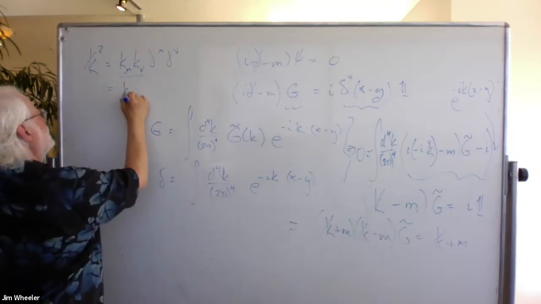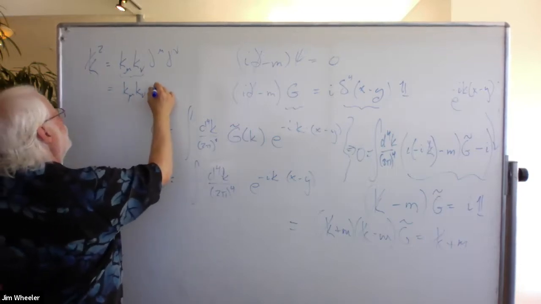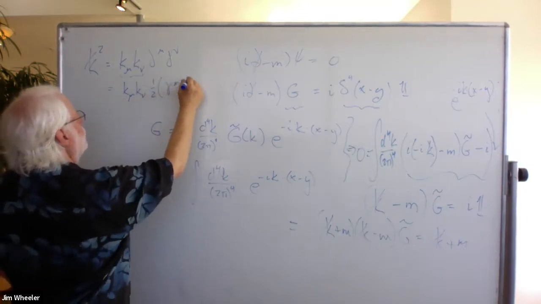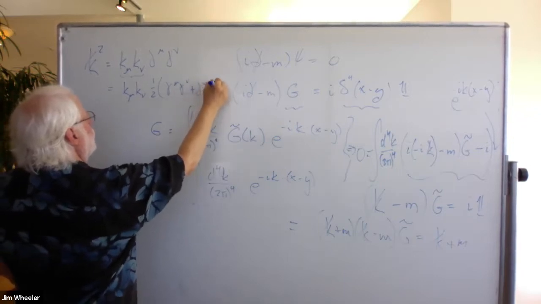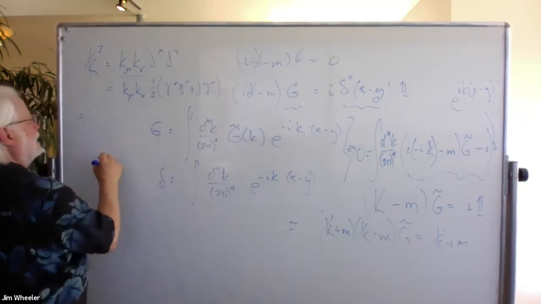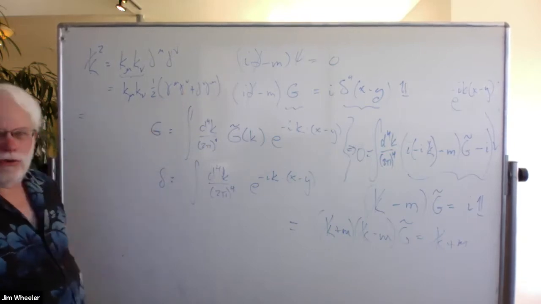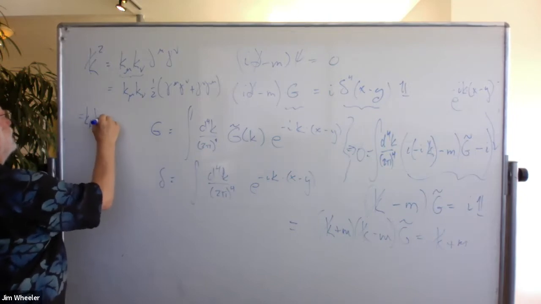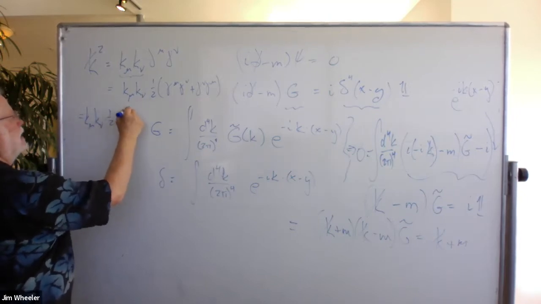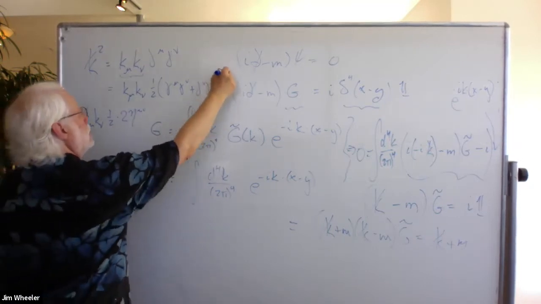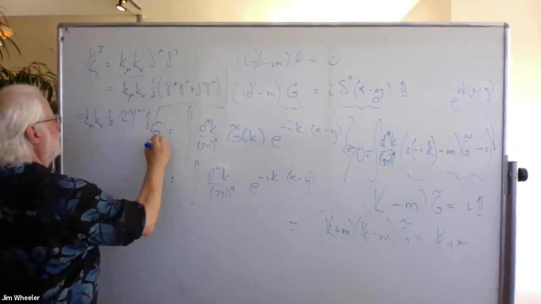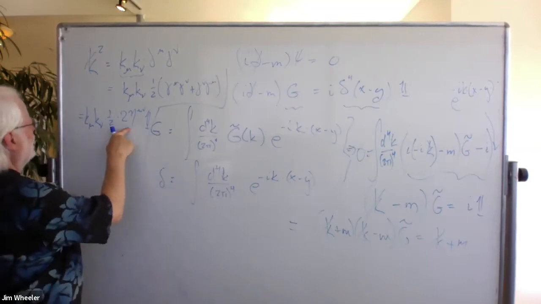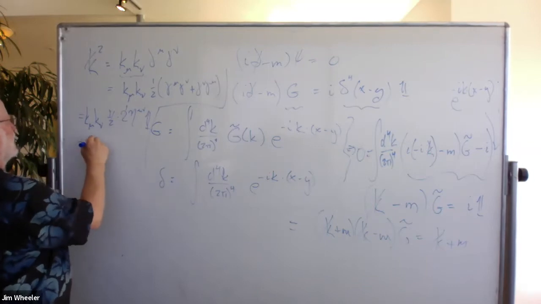So I can write this as k_mu k_nu with a half, and I can symmetrize this, gamma^mu gamma^nu plus gamma^nu gamma^mu. And that's the anti-commutator, so it's equal to twice the metric. So this is k_mu k_nu times a half times twice eta^{mu nu}, times the identity matrix, if we're putting in everything. And the twos cancel, of course, and we just get k squared.